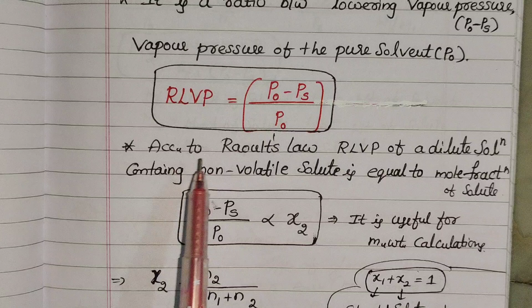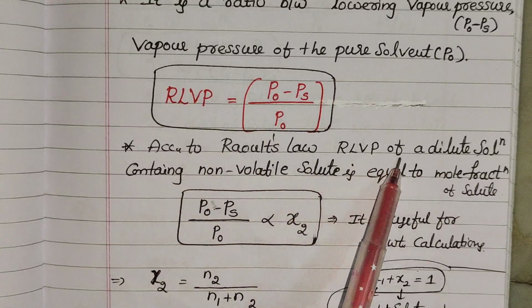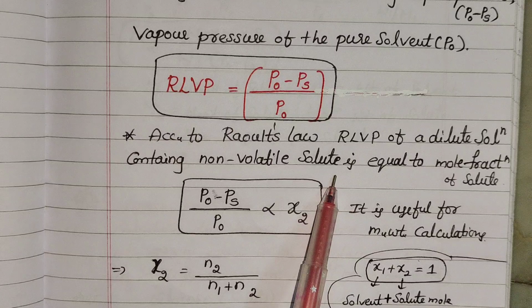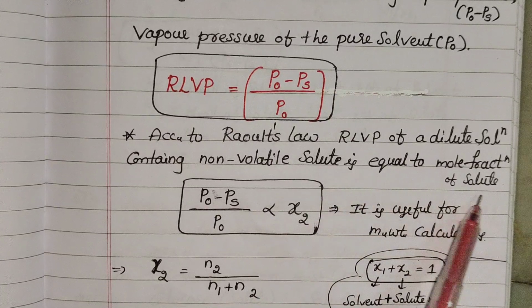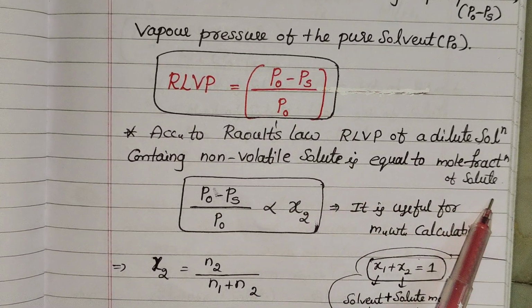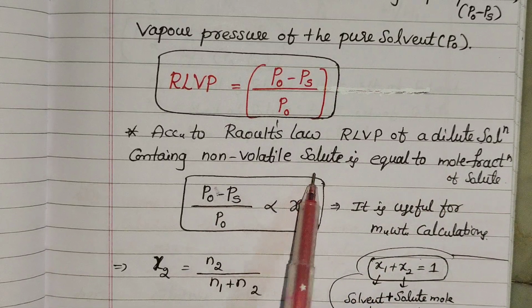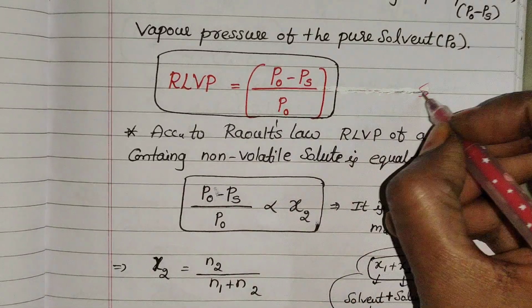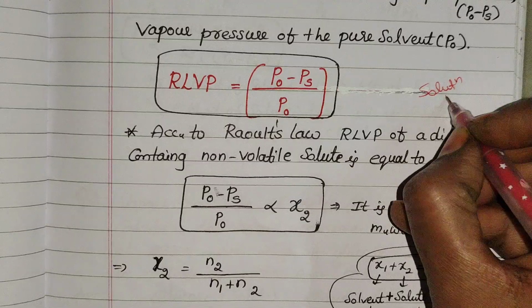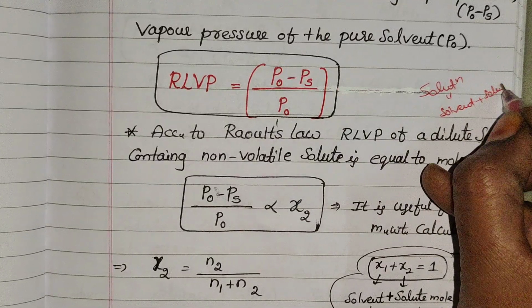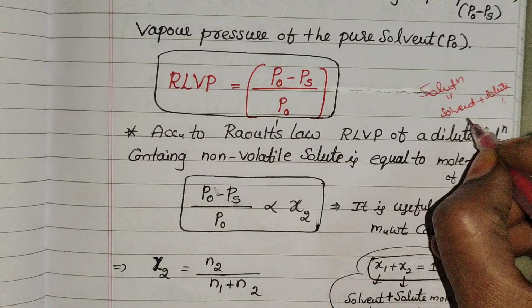So according to Raoult's law, the RLVP of a dilute solution containing a non-volatile solute is equal to the mole fraction of the solute. In this solution, solution equals solvent plus solute, right? The solute is less in percentage, the solvent more.